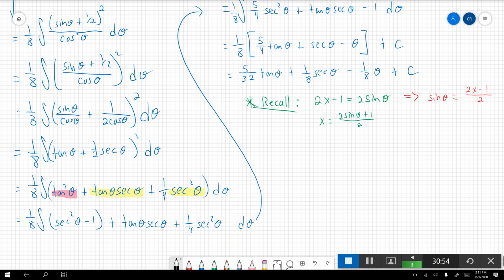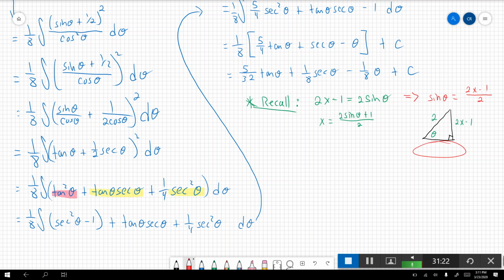Why did I want to do that? Well, if sine of theta is some angle measurement that I'm looking at here, then the ratio given is the opposite over hypotenuse, which means I'm able to solve for this missing side. So the big question is, what is that missing side?